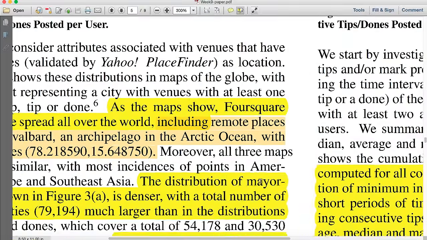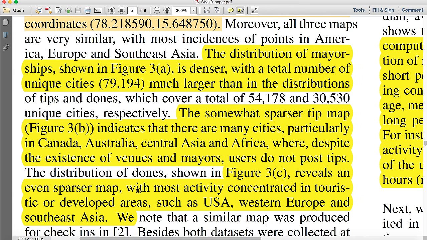So that's figure 3. The distribution of mayorships shown in figure 3A is denser, with the total number of unique cities being 79,000. So 79,000 cities have check-ins and mayorships in figure 3A in the total data.